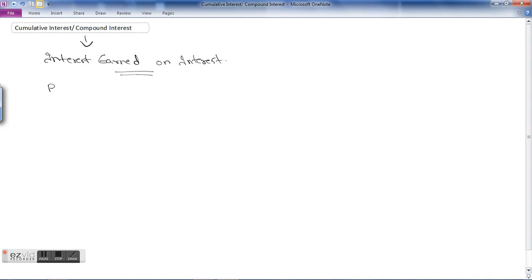say if you have invested rupees 10,000 at the interest rate of 10% per annum for 3 years, then what will be the total interest on rupees 10,000? First let's see what will be the simple interest.